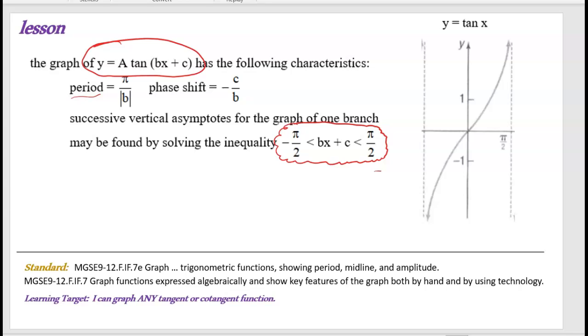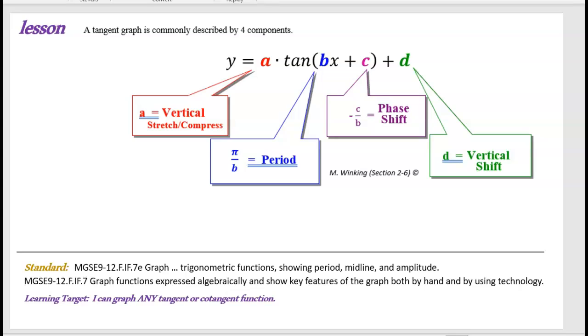All right, so let's dive into a quick recap in your notes. The a value is going to make the function vertically stretched when a is bigger than 1. So if the a value is 2 or negative 2, 3 or negative 3, you're going to actually see a vertically stretched function. So this would mean it's a vertical stretch.